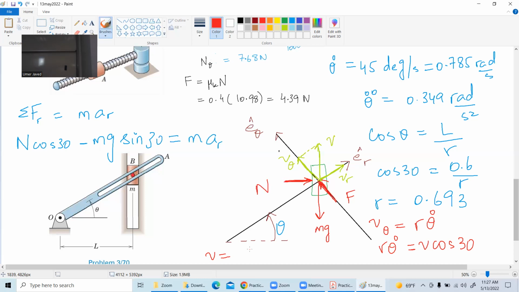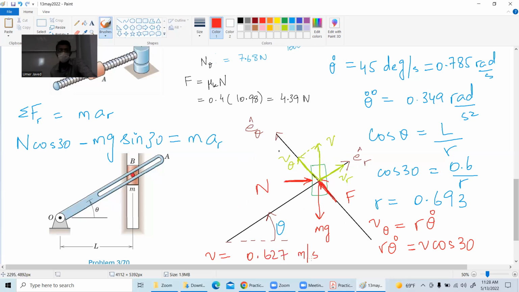Everyone, you have to be sure of the formulas. Just a formula sheet in an exam setting is not going to help you if you don't have an idea. Now that I have the velocity, what is the velocity? Okay, the answers are wrong in my notes. 0.627.